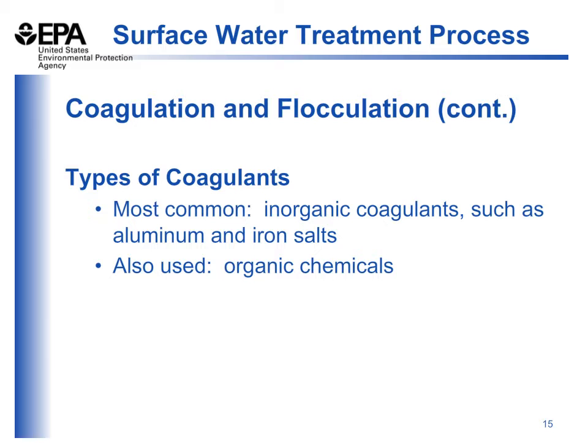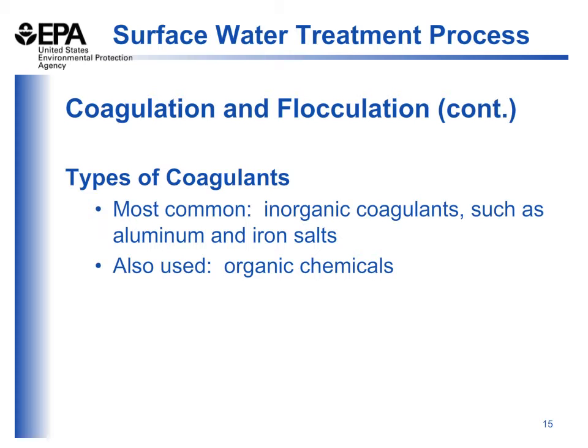There's a variety of different types of chemicals that can be used as coagulants to allow the suspended particles within the water column to stick together. Often inorganic coagulants such as aluminum or iron salts are used, and in some situations organic chemicals are used. The aluminum and iron salts have the potential to adjust the pH of the water after the coagulation and flocculation has taken place, so that's a consideration in their selection.